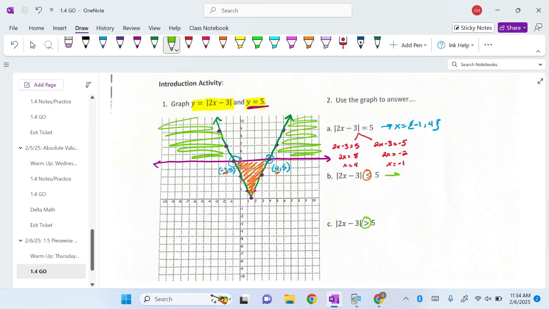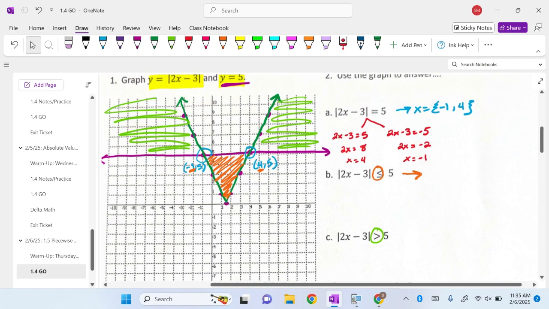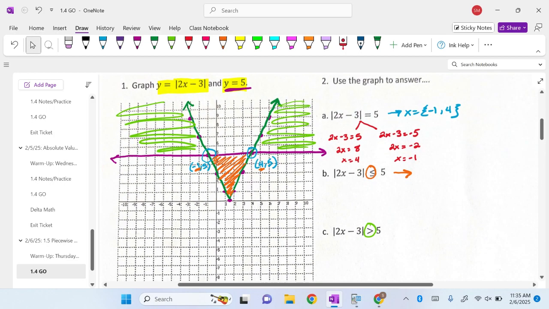All right. So if we solve this, how would I state the less than part? Look at the x values of your point of intersection. So -1 and 4. How would I state where my less than is? How would I write that as an inequality where x is between?